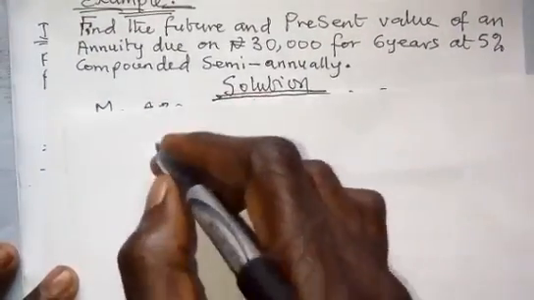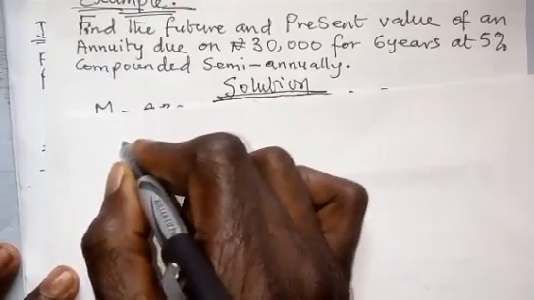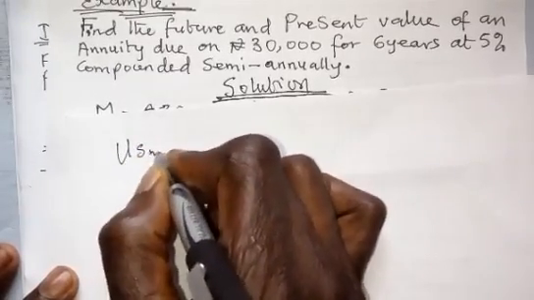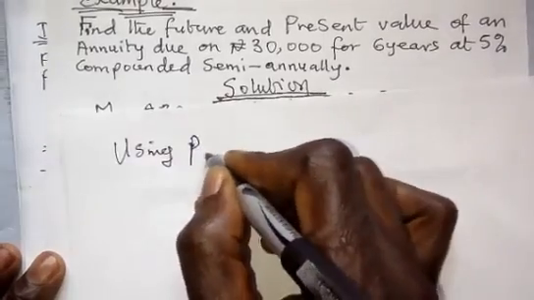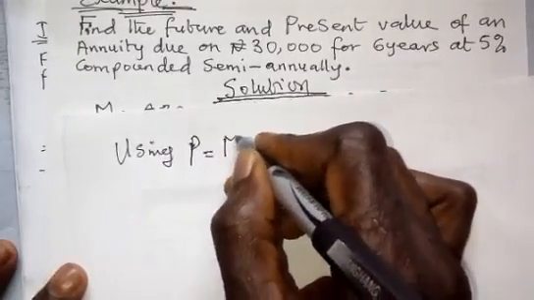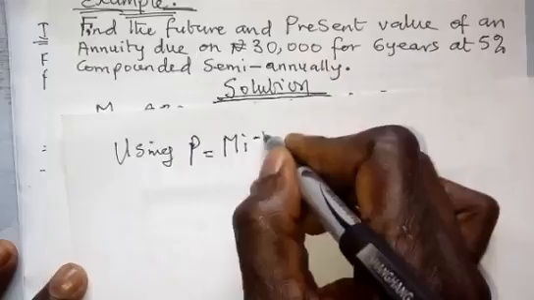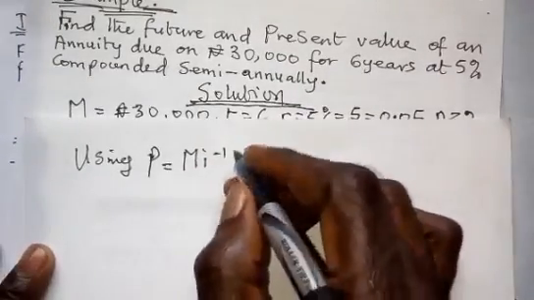For the present value, we are going to use the present value formula, which is P equals M i power minus 1. If you recall, I've already told us I'll be using this.